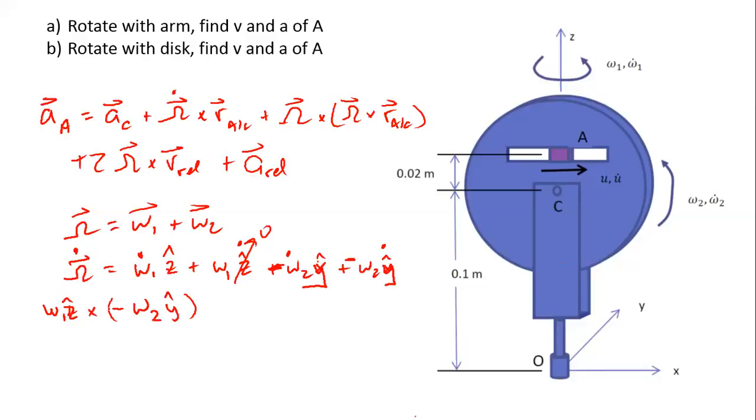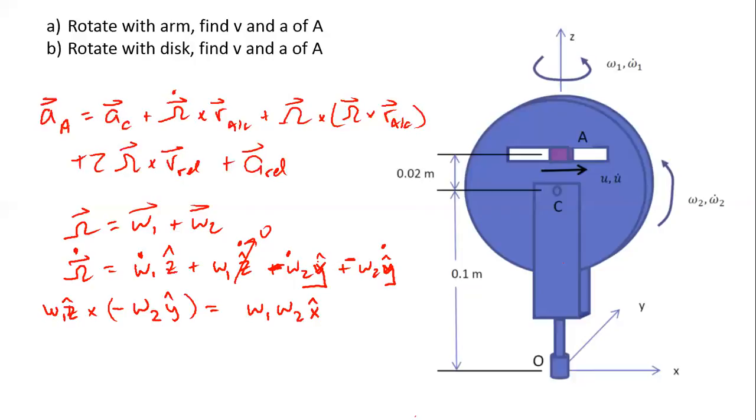Okay, so then we've got the z cross y, right? If we look through here, z cross y is actually a minus x, right? But we have the other minus, so that's going to give me an omega 1, omega 2, and that's going to be in the x. And then did omega 1, I can't remember if we let everything change.